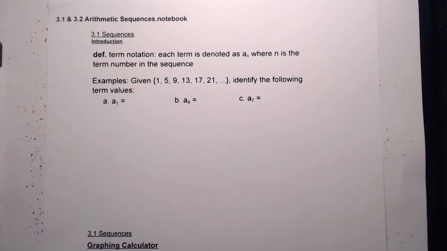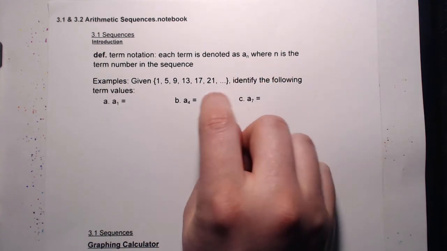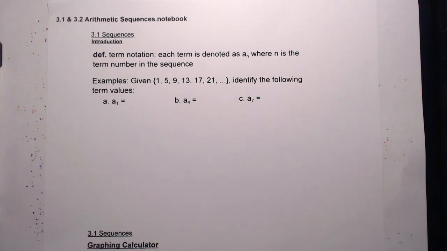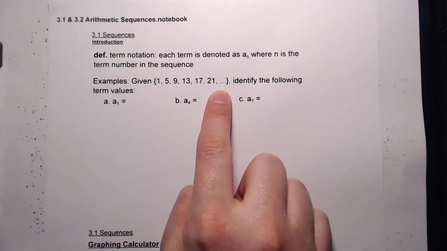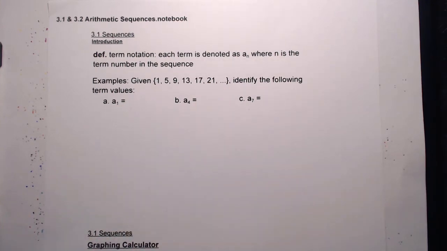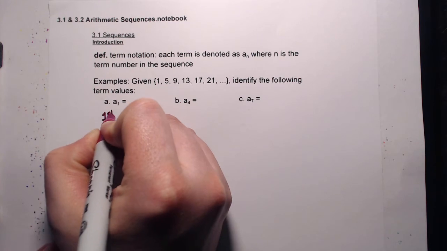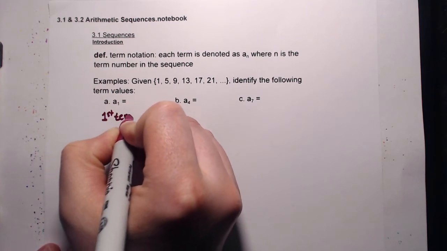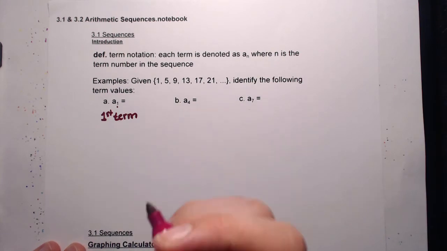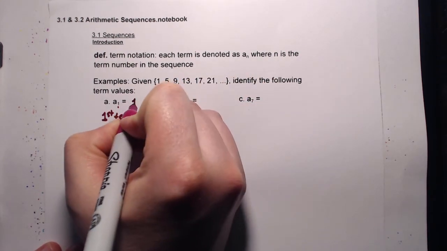So to work with these and figure out what term it is that you're looking at, we use a subscript n, where n is the term number, not the term value. So if this is my sequence, then if I'm looking at my first term, because there's a 1 there, that value is going to be 1.